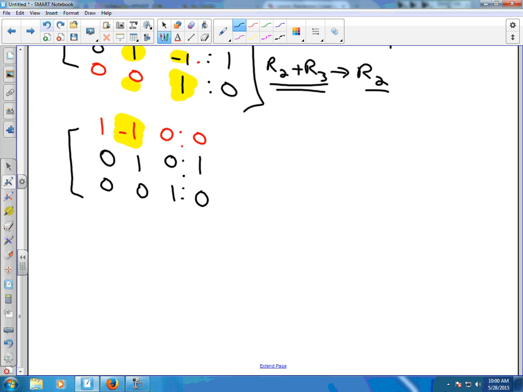A 1. So notice there's a 1 right underneath it. So if we take row 2 and add to row 1, that'll give us our new row 1.